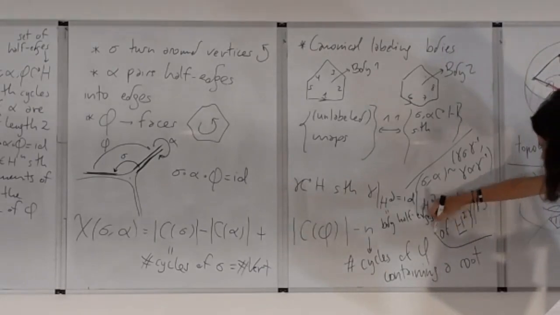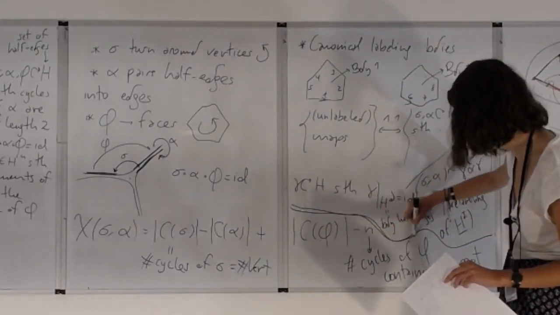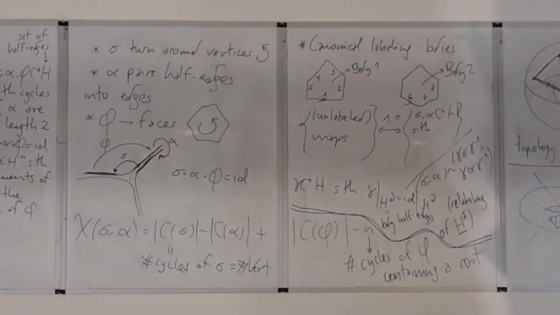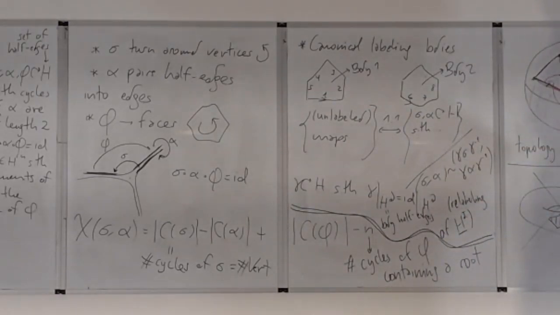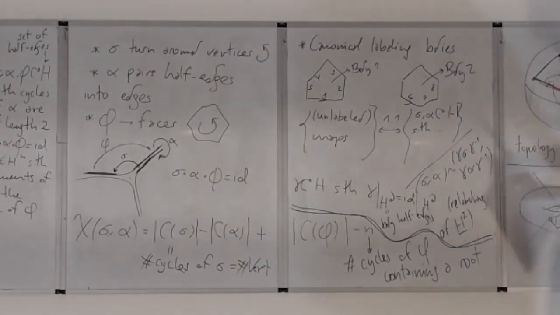Is this like a mapping class group action? You could see it like that, as some kind of discrete mapping class group action, I guess, yes.